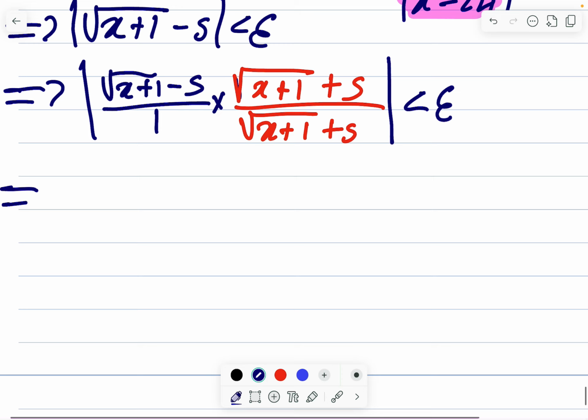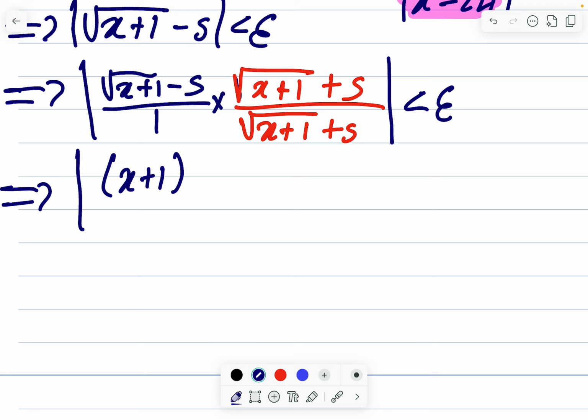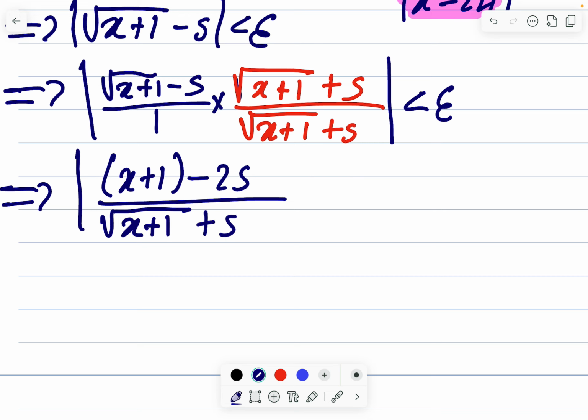So this implies that you're going to have that all squared, which is x plus 1, since we already cancelled the square root, minus 5 squared, which is 25, divided by the square root of x plus 1 plus 5, is less than delta.